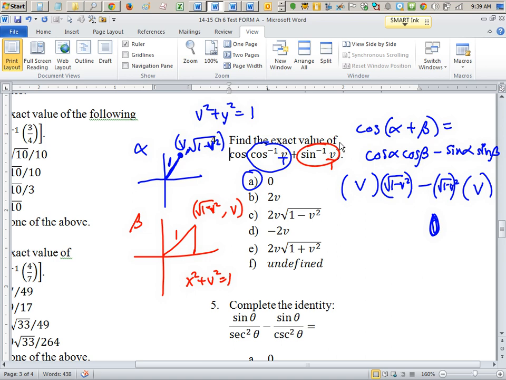That's 45 degrees. Think about the unit circle. Where else would there be equal sine and cosine? What's this? This is 45 degrees. And so is that, because cosine and sine are the same. So what's 45 plus 45? 90. And what's cosine of 90?